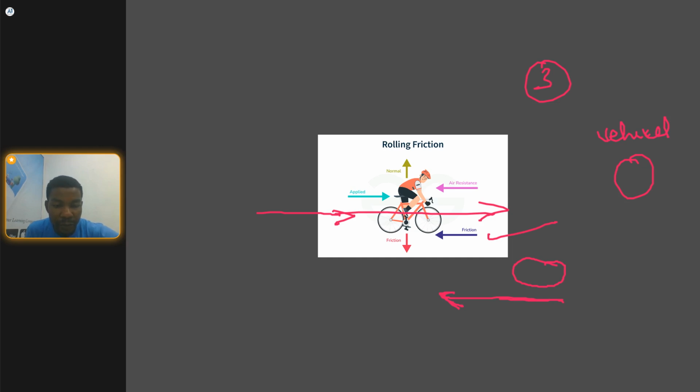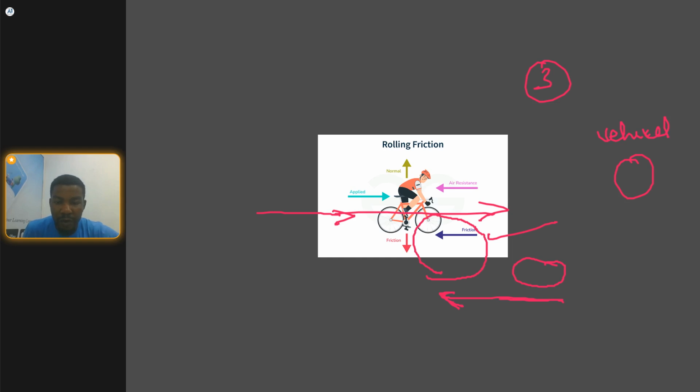The friction. Now the friction is acting not on you but on this tire, and that is why we call it a rolling friction. The friction that acts against a movement that has to do with rolling is said to be a rolling friction.